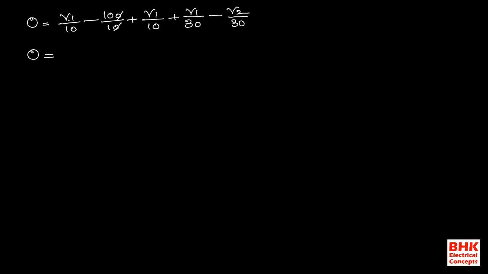V1 divided by 10 means V1 into 1 by 10, and 1 by 10 is 0.1, so 0.1 into V1, minus 100 divided by 10, which is 10, plus V1 divided by 10, which is again 0.1 into V1, plus V1 divided by 30. 1 divided by 30 is 0.033, so this is 0.033 V1, minus V2 divided by 30, which is 0.033 V2.